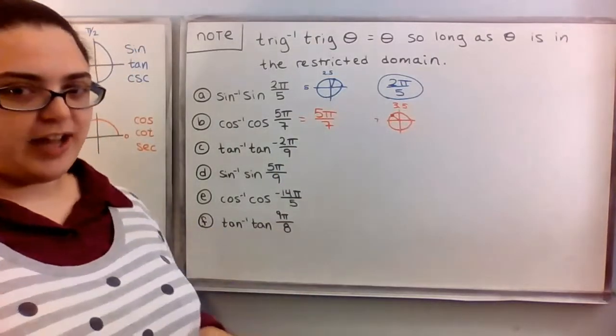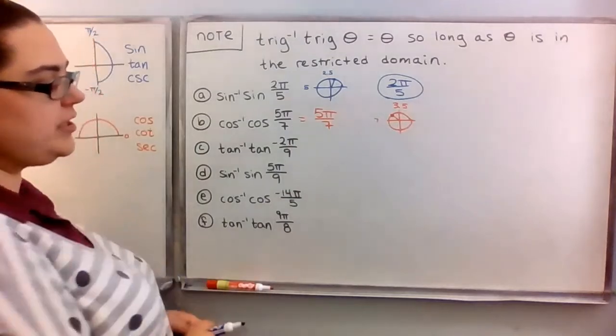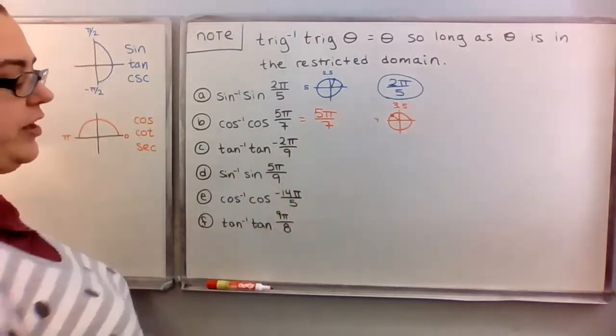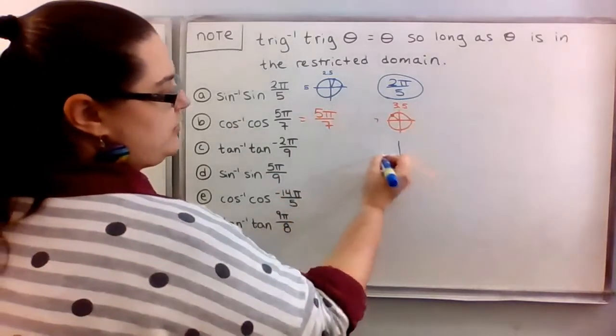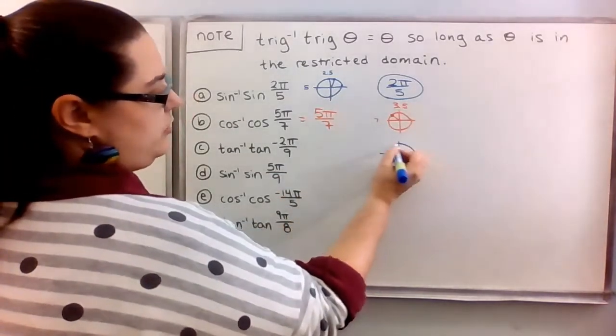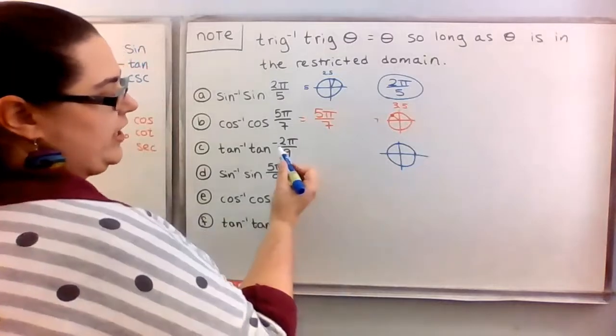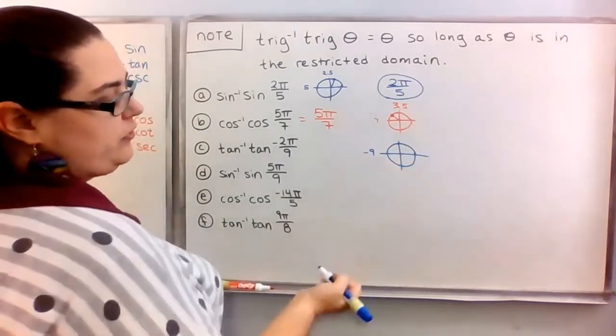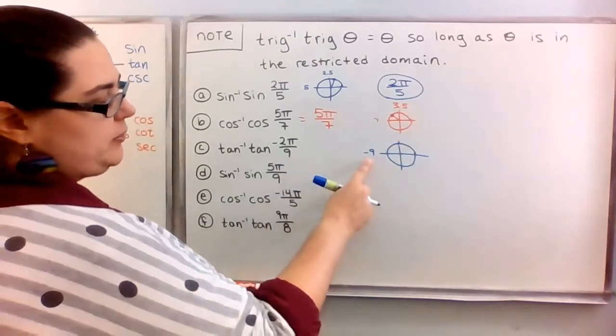All right, so let's take a look at part C. For part C, we have inverse tangent of negative 2 pi over 9. So let's envision where that lives. We've got negative, so I'm going to be going in this direction. And here's my negative 9 pi over 9, since that's my denominator.